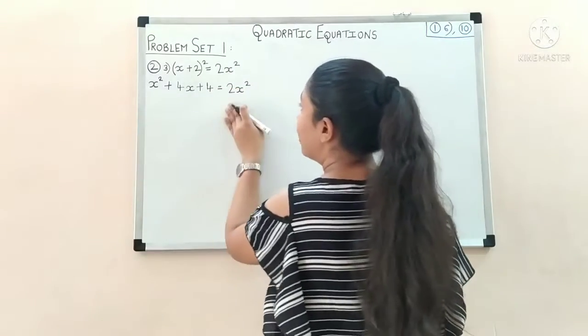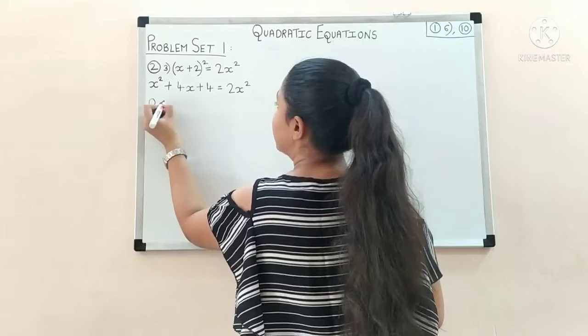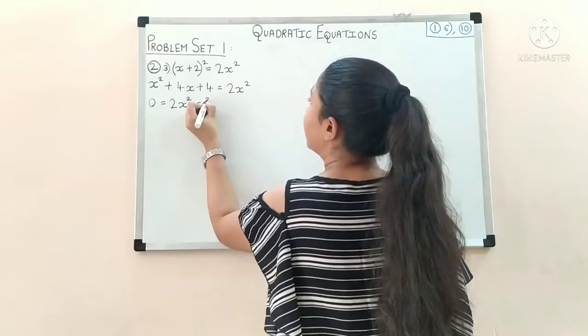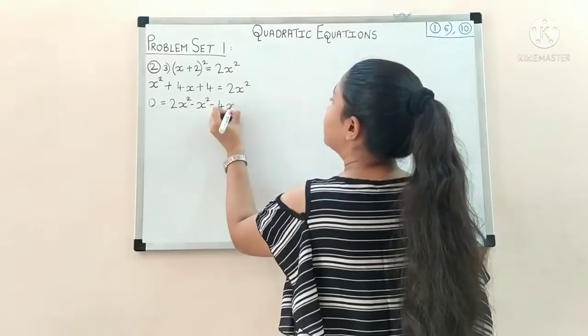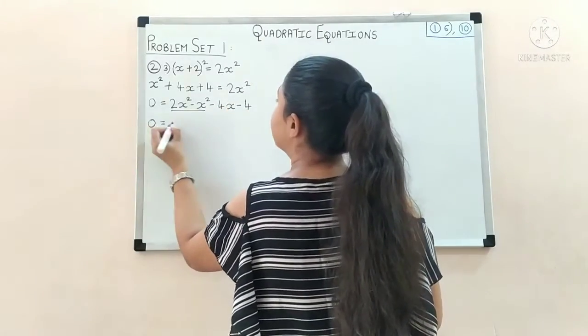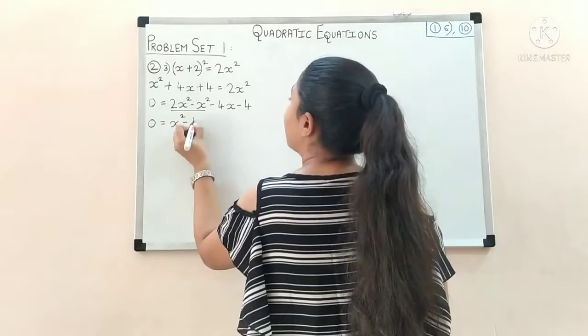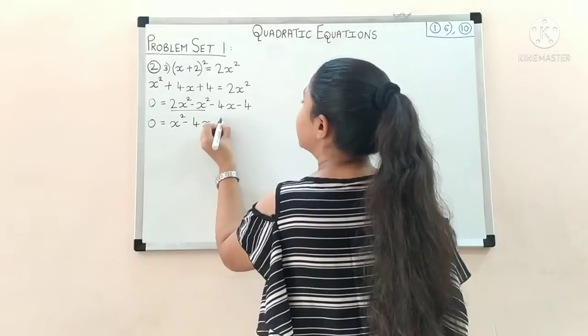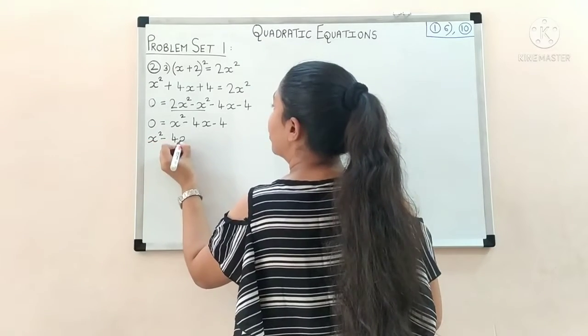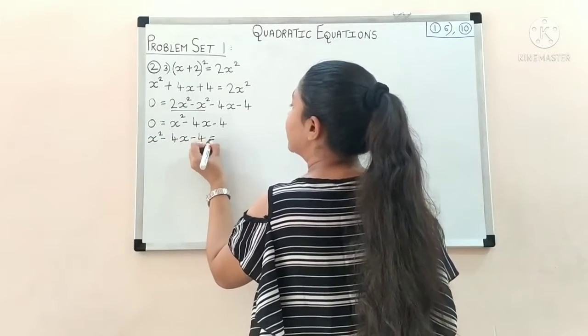Then take all of these things here. So 0 is equal to 2x square minus x square minus 4x minus 4. So 2x square minus x square will be x square. So x square minus 4x minus 4 is equal to 0.